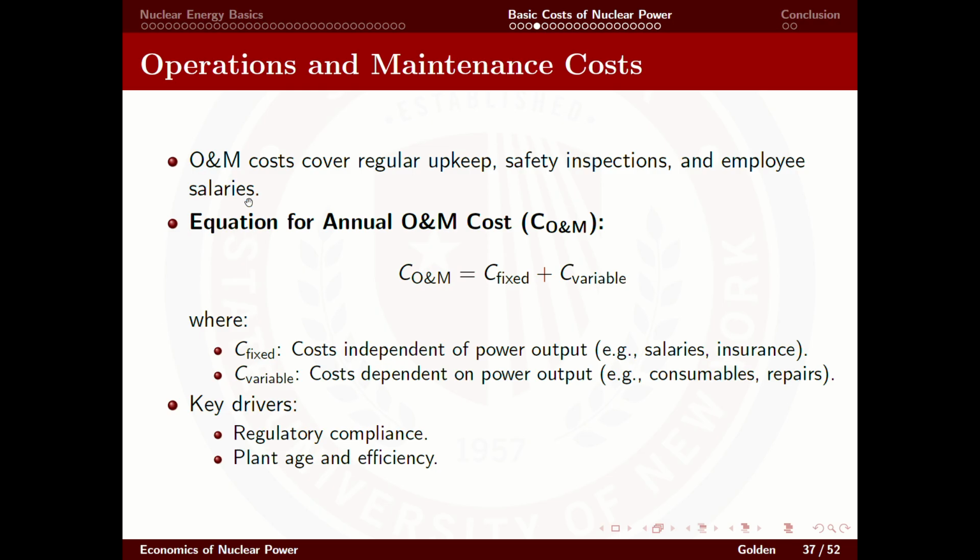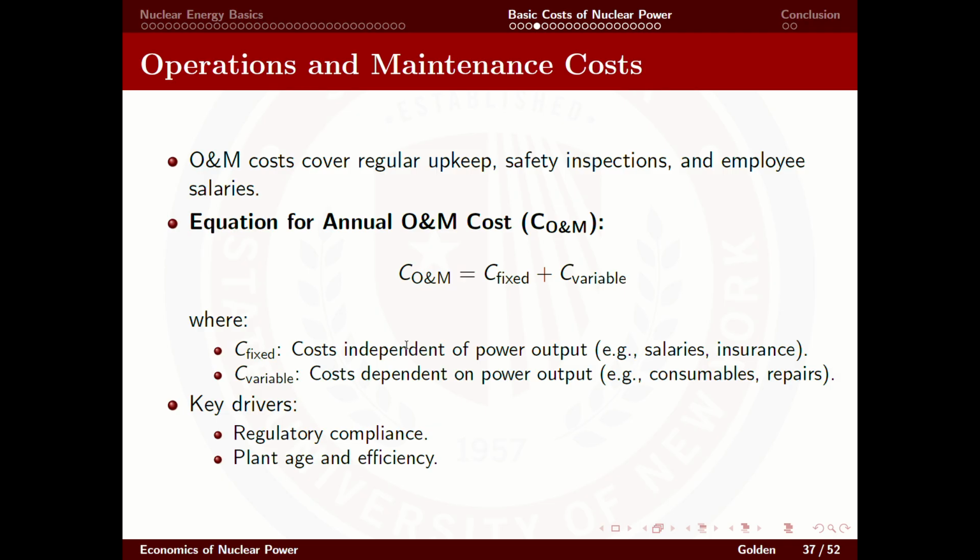Operation and maintenance costs cover upkeep, safety inspections, and salary for employees. These are fixed operation and maintenance costs along with variable operation and maintenance costs. Fixed costs are independent of the power output. You have to pay the engineers. You have to pay for insurance regardless of how much power you're outputting. And then variable operations costs are dependent on power output.